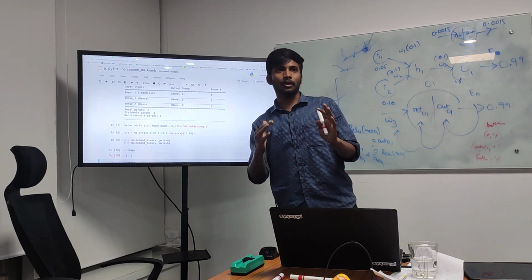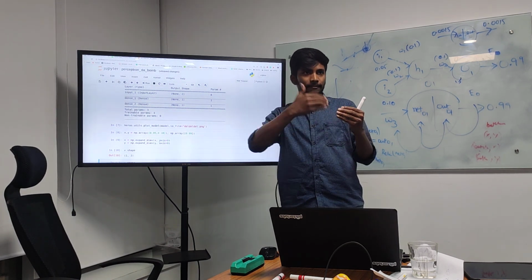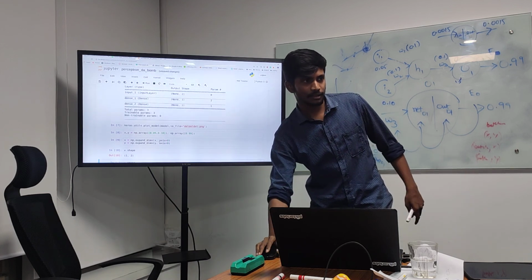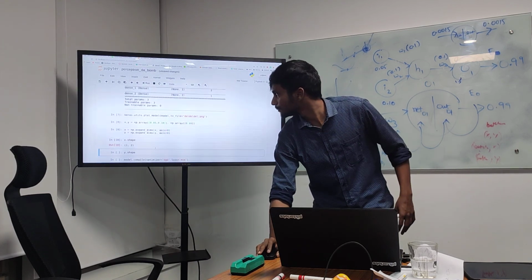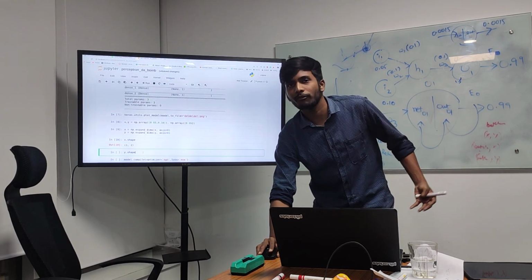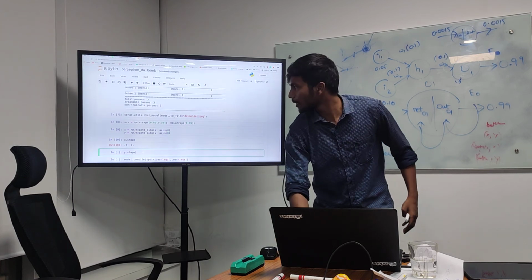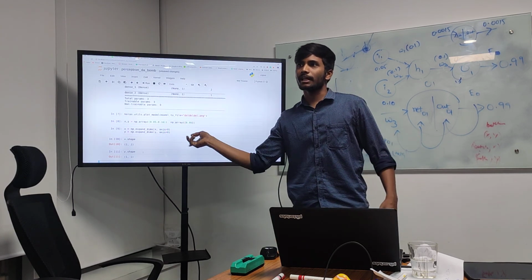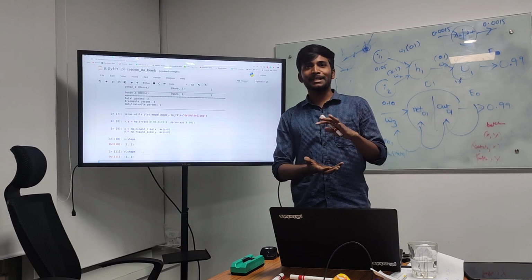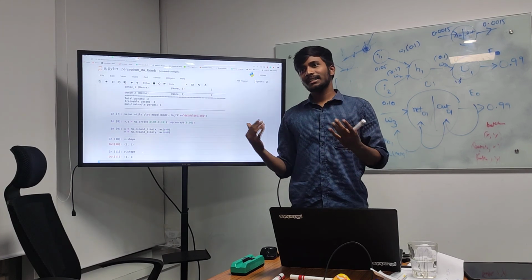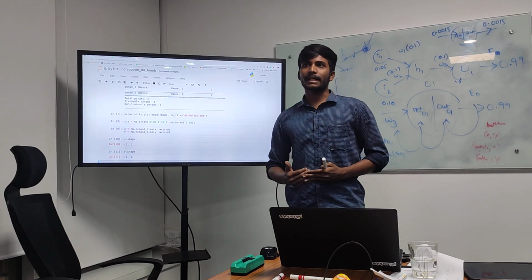Now it is 1 comma 2, because that extra dimension is nothing but the batch dimension, right? You guys got it? Y shape was just a value 1, but it will become 1 comma 1 because the extra dimension is the batch. Here we have only 1, but Keras in general takes batch as an input.